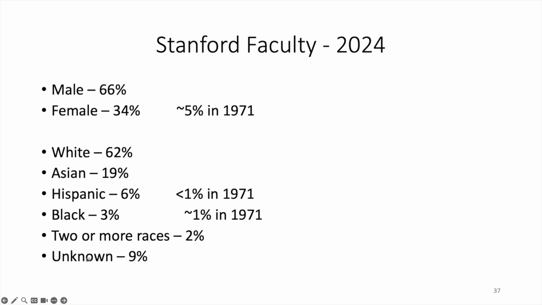We were required to report on Asian Americans to HEW, but that was not a focus at the time. What's really disappointing is that we're only at 6% Hispanic, and that includes all Latinos, not just Chicanos, and 3% Black. After all these years, that's where it stands.